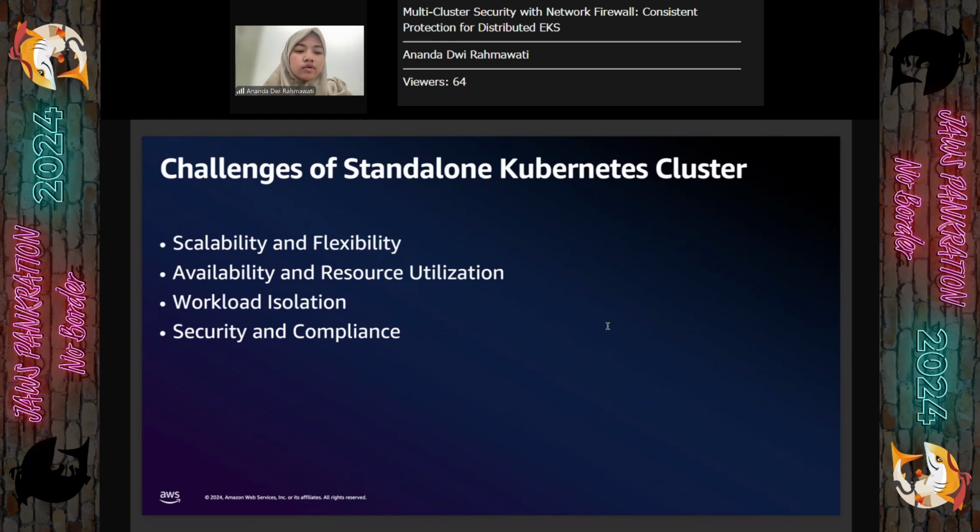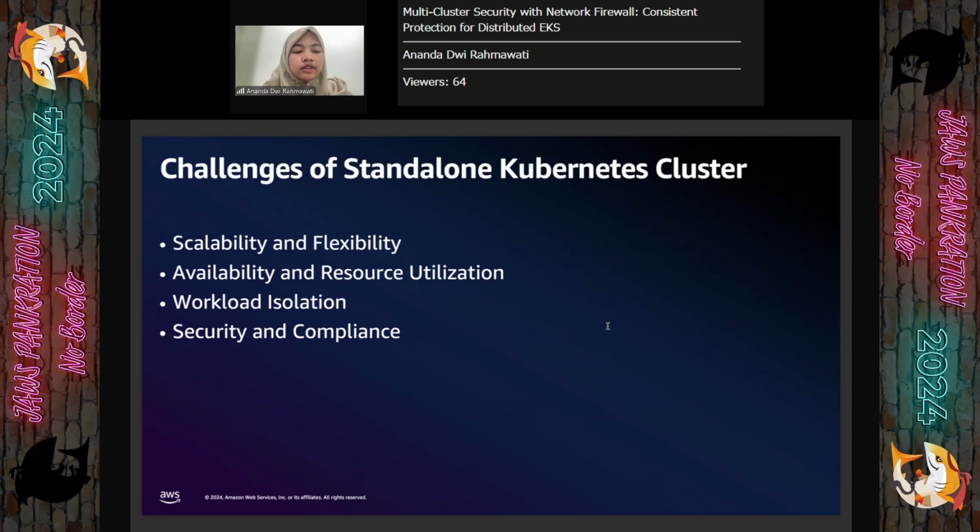The third one is workload isolation. We probably need to consider securing using network policy or other things like RBAC to filter and secure who has permissions to which resources in this cluster.